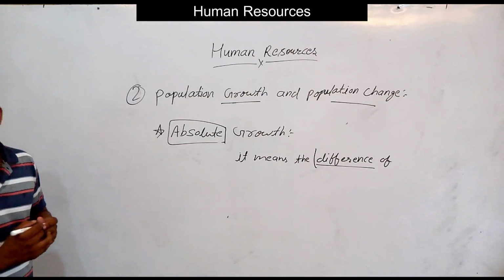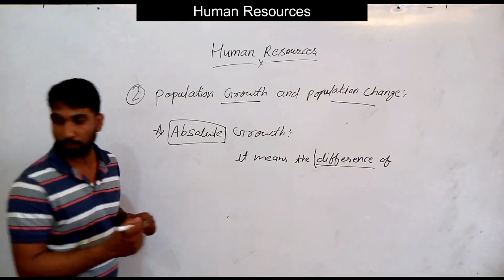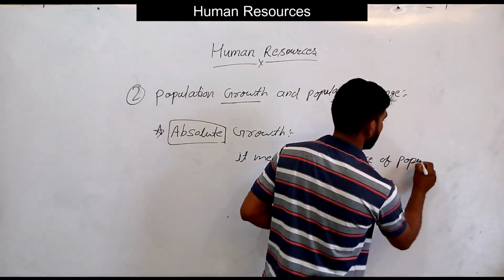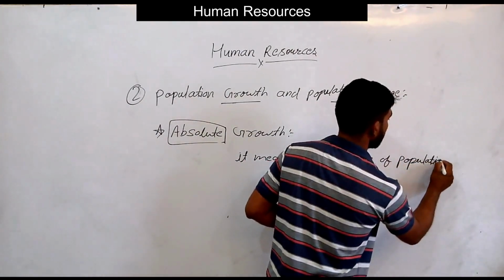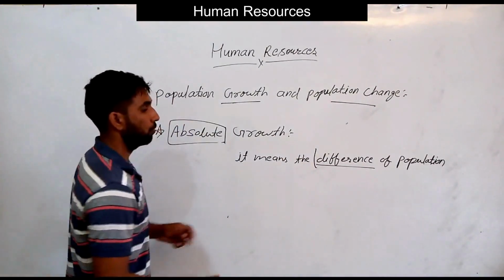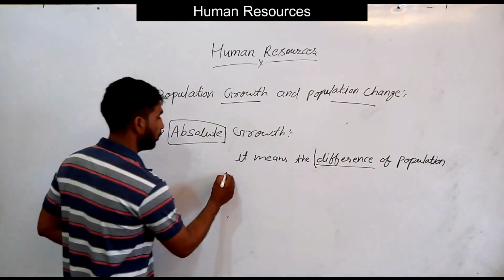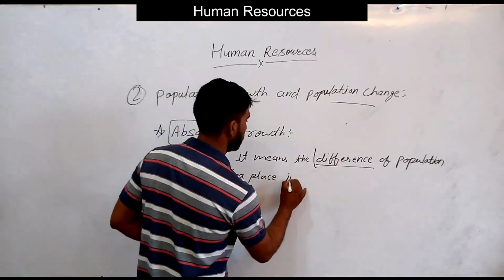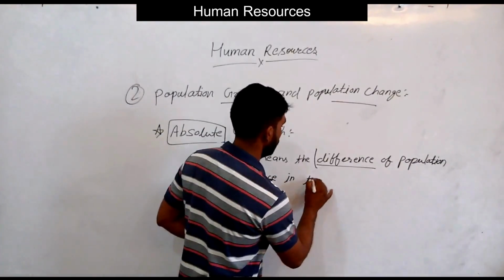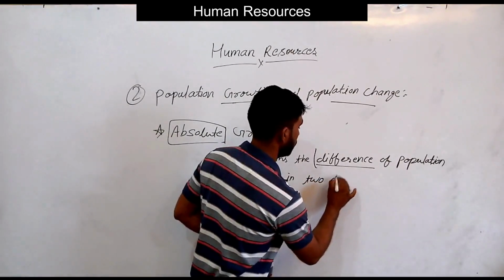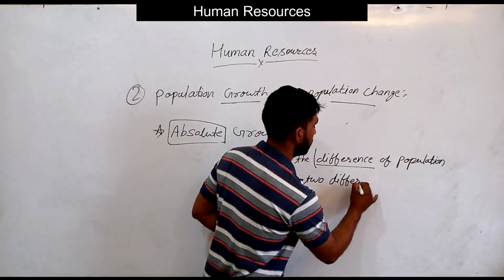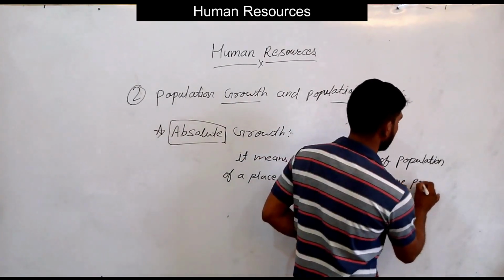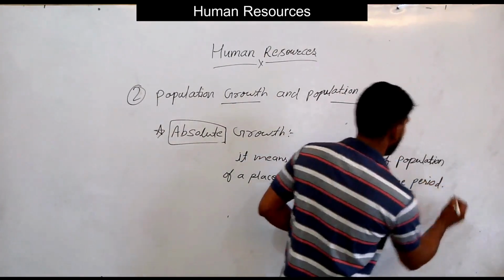So absolute growth is the difference of population of a place in two different time periods.